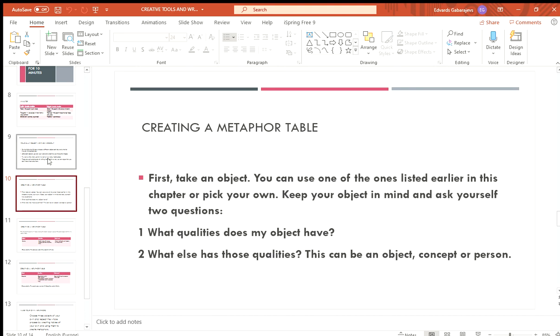Okay, and then we have one creative method on how to make metaphors, and this is pretty interesting. Last time we mentioned metaphors, right?